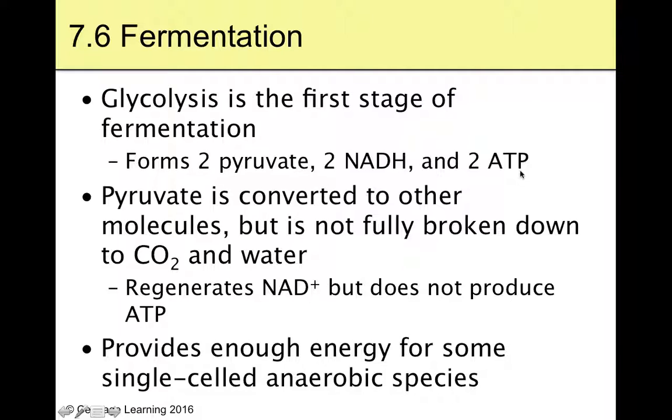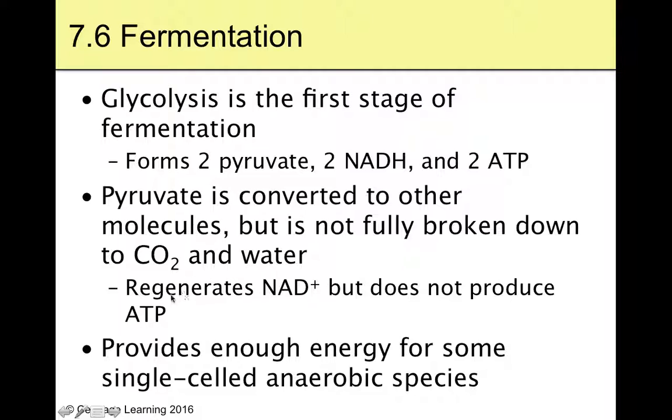Okay, not a lot of energy, but it's some. So now in fermentation, our pyruvate is going to be converted to something different, like anaerobic respiration, but unlike anaerobic respiration, we will not completely break it down to carbon dioxide and water. That's ideal. That's what we do in mitochondria. Fermentation guys, they're not going to get this job done.